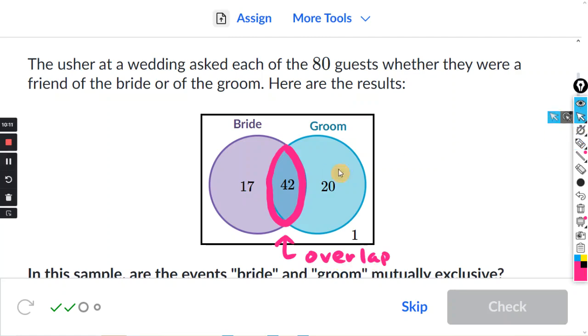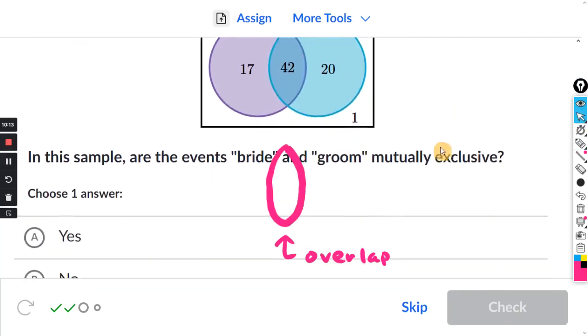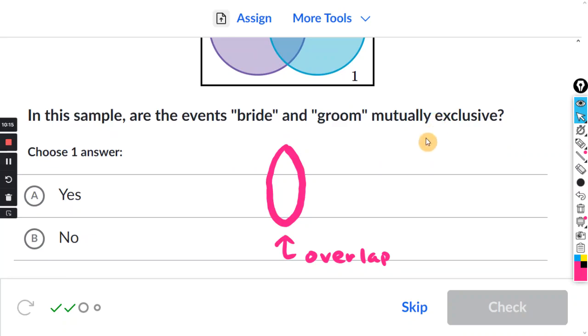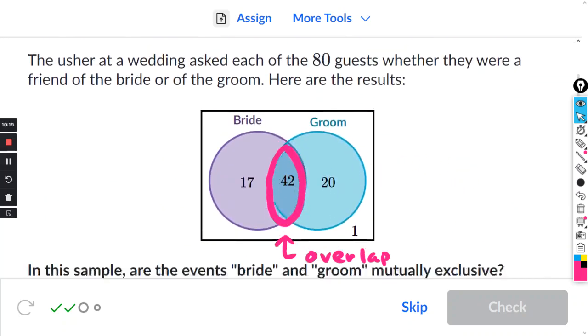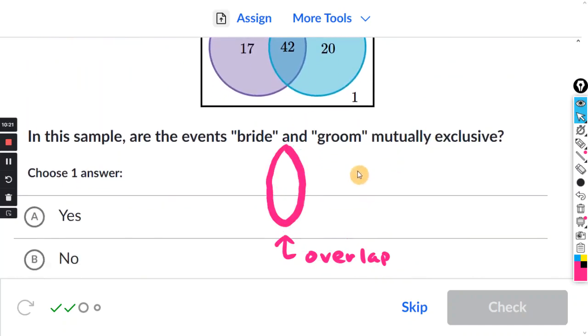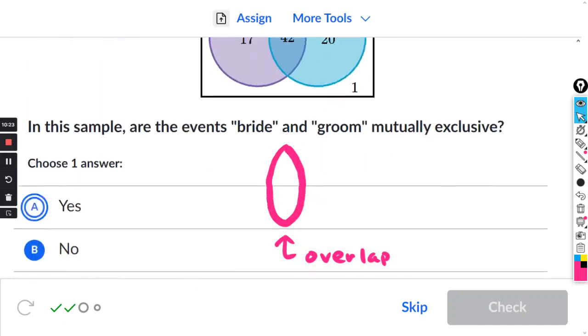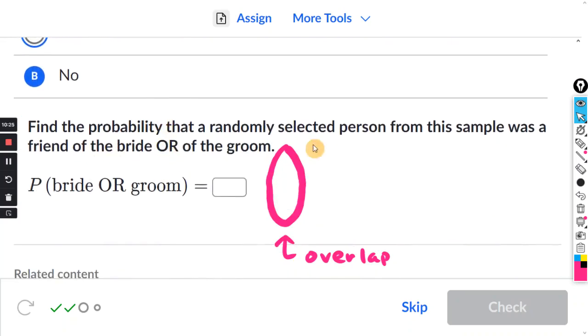So this is a Venn diagram. Are the events mutually exclusive? Definitely not. You can see right there, there's an overlap. Mutually exclusive means no overlap. So that's a no.